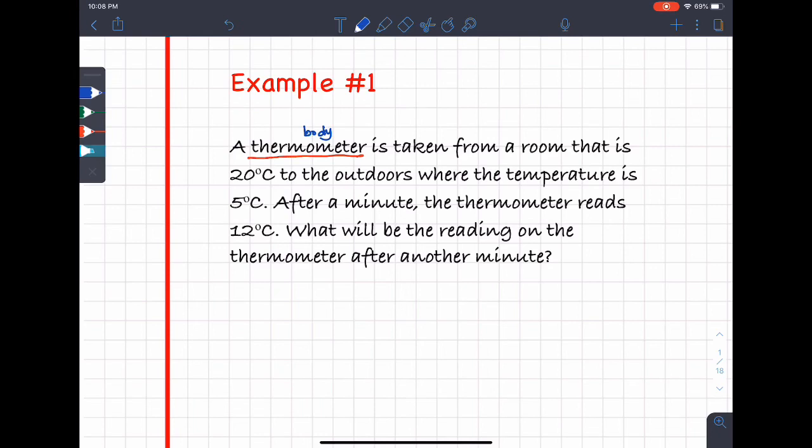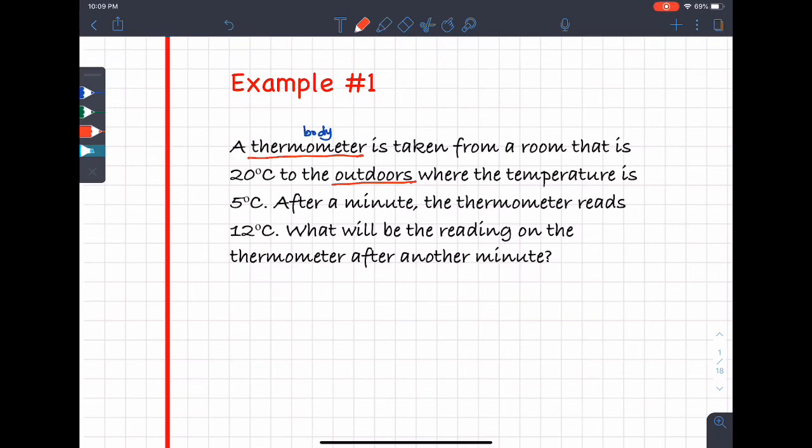As for the environment, we have to identify that there are two environments mentioned here. One is the room and the other one is the outdoors. But what we have to consider is where the destination of the object is.